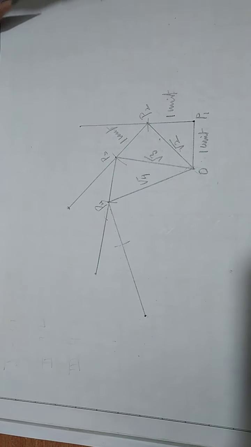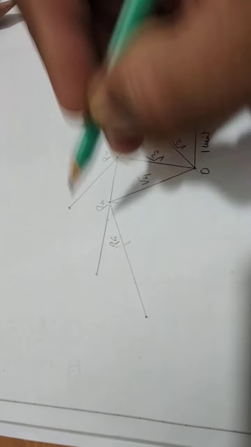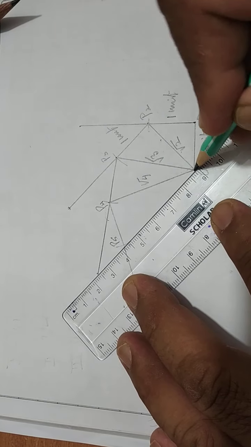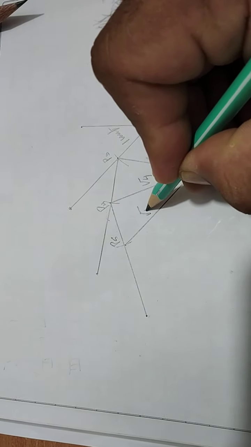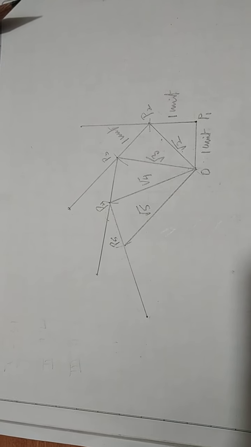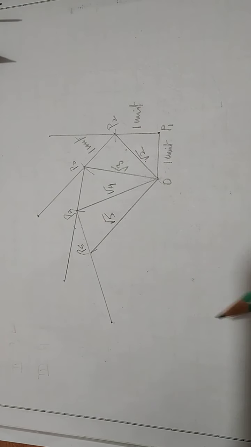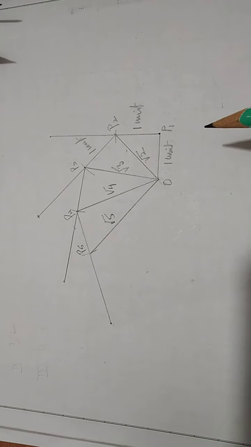This is P5 and join this OP5. This OP5 is root 5. So in this way this spiral can be drawn, or you can continue with this. After this you will get root 6, then root 7 and so on. This completes our exercise 1.2.